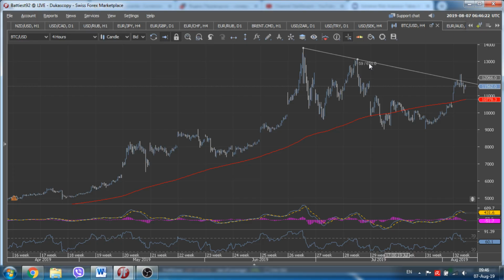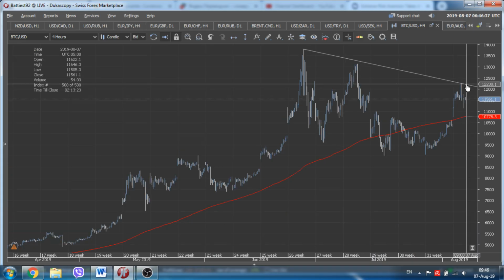So all in all, 200 is an important kind of resistance at the moment, and a break above that level from a technical perspective should take the pair back to the important longer term resistance barrier located between 13 and 14,000.